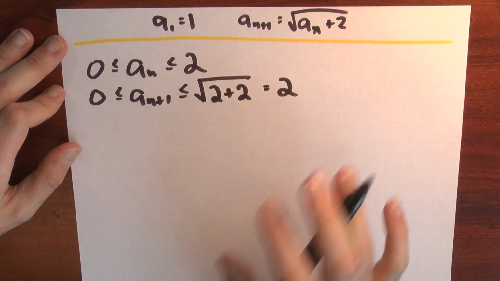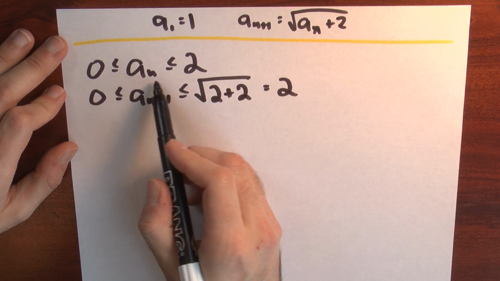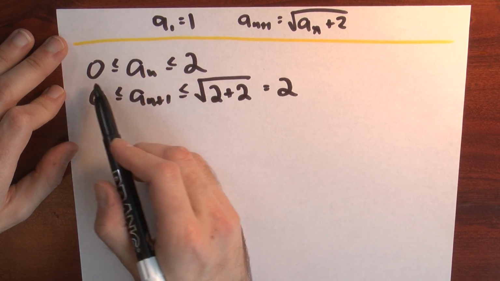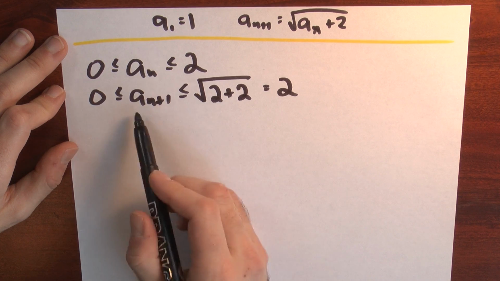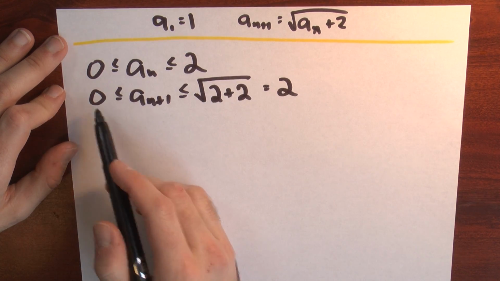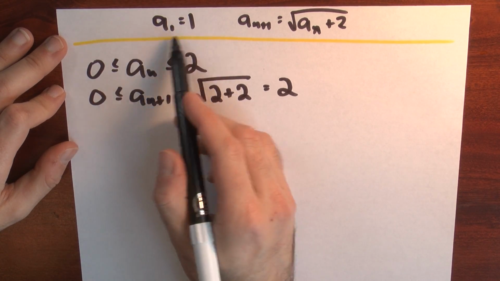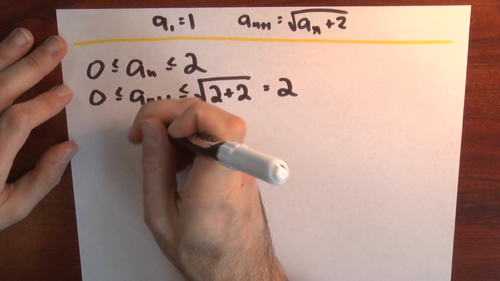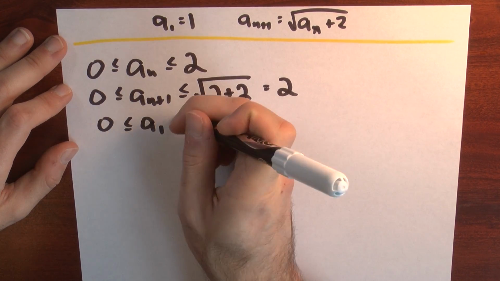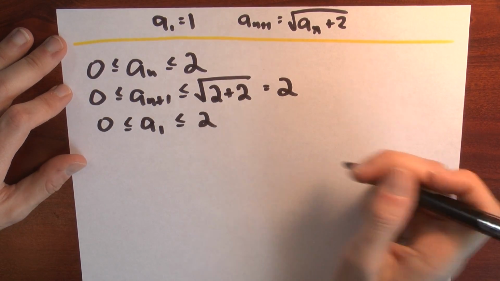And this is great, right? This is telling me that if I know that a particular term is stuck between 0 and 2, then the next term is also stuck between 0 and 2. And what do I know about the first term? Well, the first term is definitely between 0 and 2, right? A sub 1 is between 0 and 2.